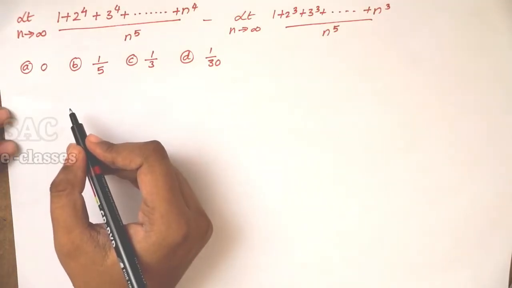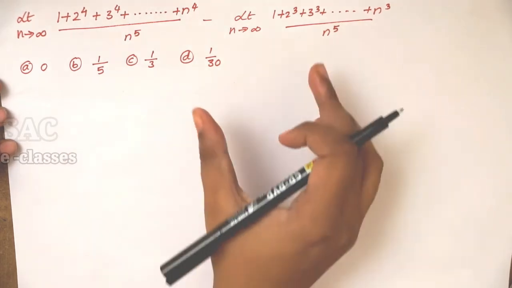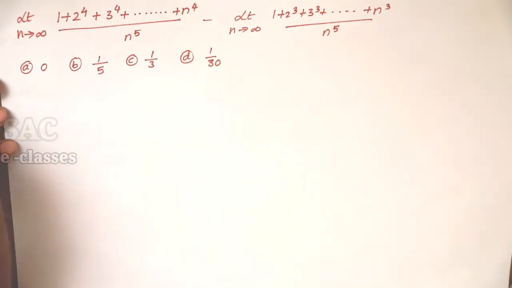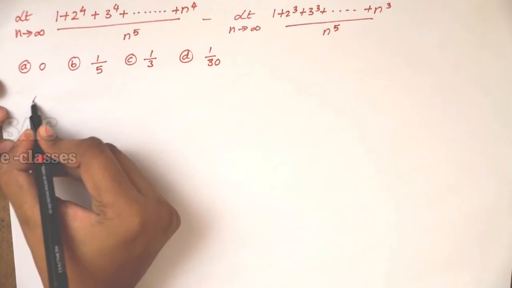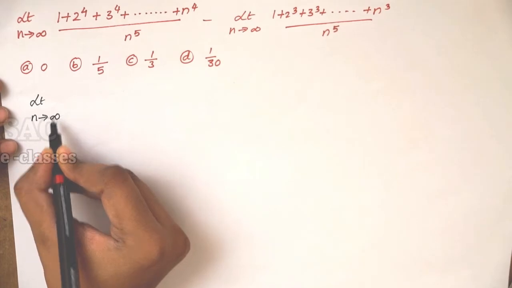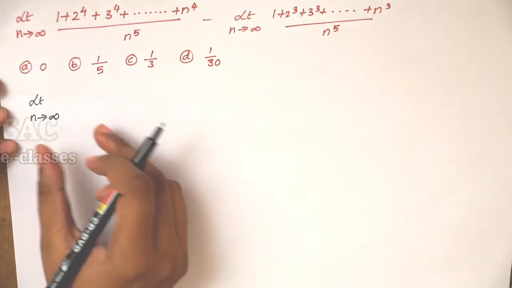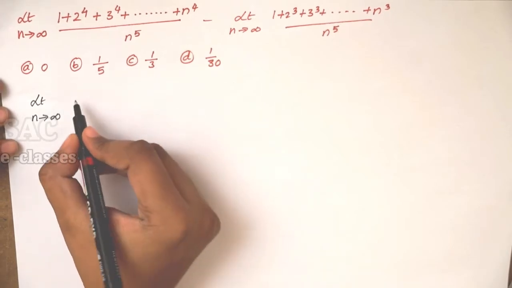This problem is very simple, but if you observe, this problem has some tricky solution. See clearly. First of all, limit n tends to infinity, we are converting the first one into the desired form of limit sigma and 1 by n.